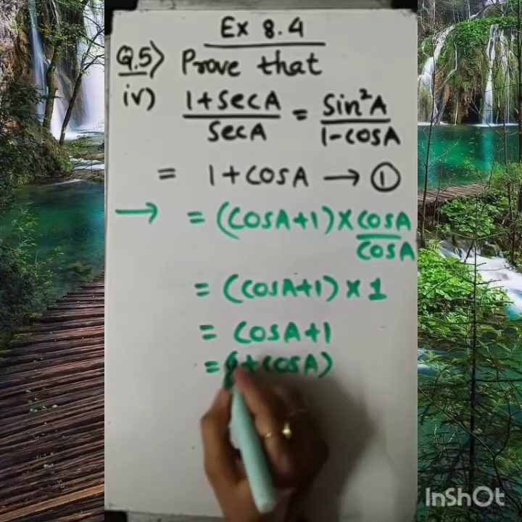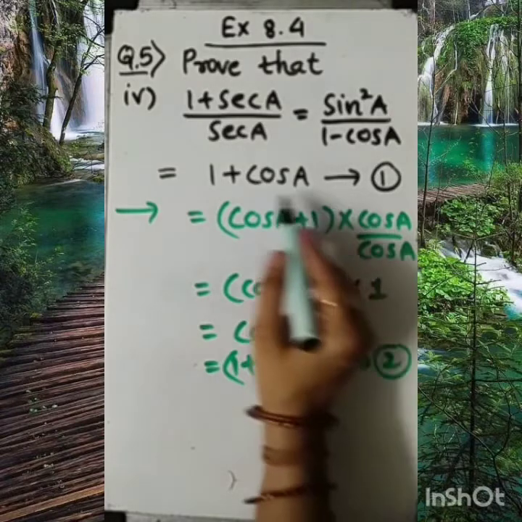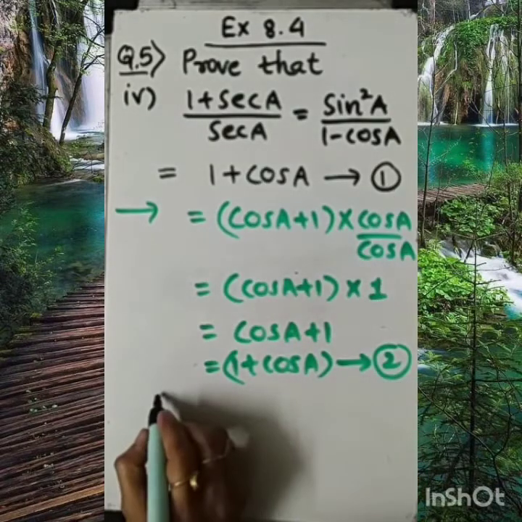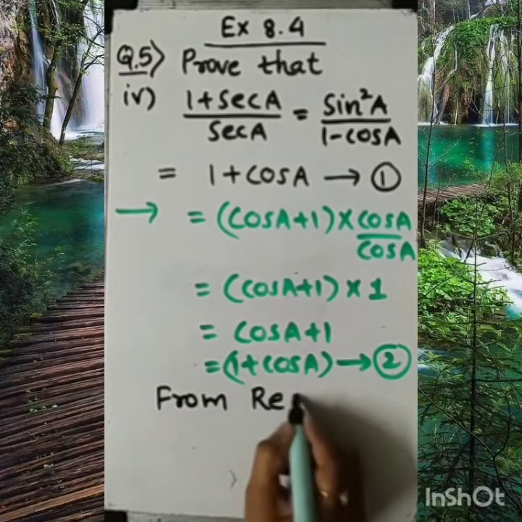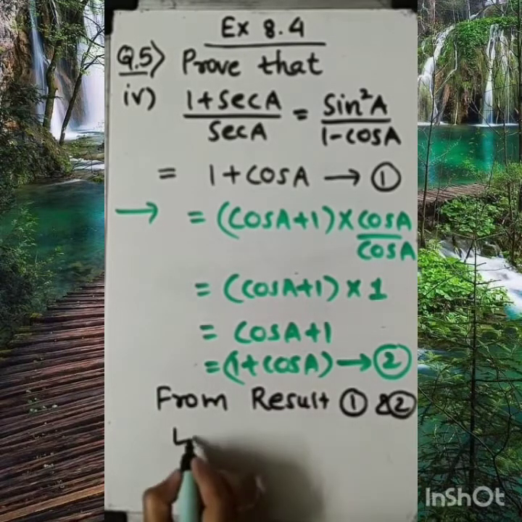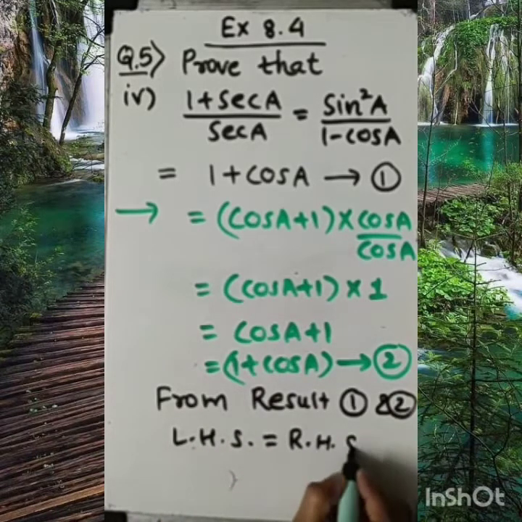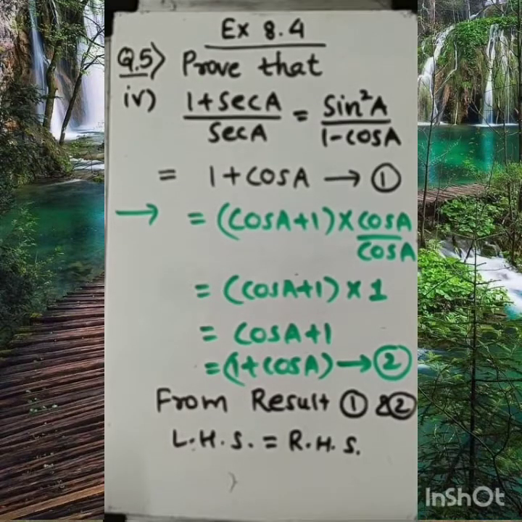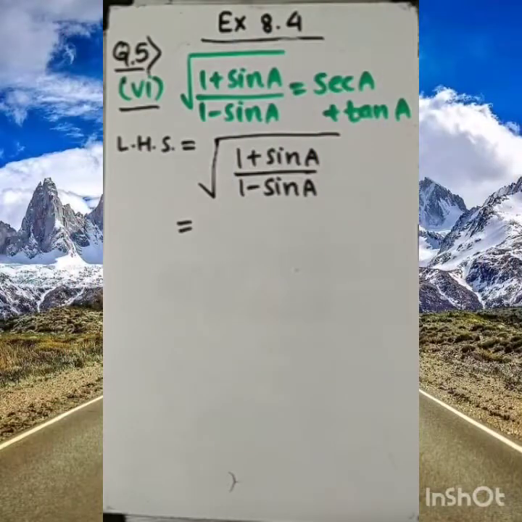So let me call it result number 2. Dear student, you can see on your screen, from result 1 and result 2 we can say that LHS equal to RHS. Hence verified.